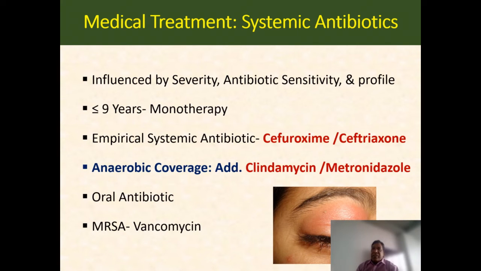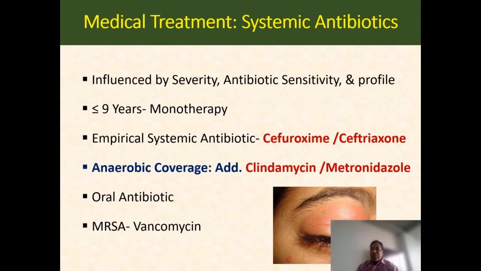Empiric antibiotic therapy should correspond to the presumed etiology of the infection. Children 9 years of age or younger require monotherapy with cefuroxime or ceftriaxone alone. In older children and adults, clindamycin or metronidazole may be added to cefuroxime or ceftriaxone for anaerobic coverage.